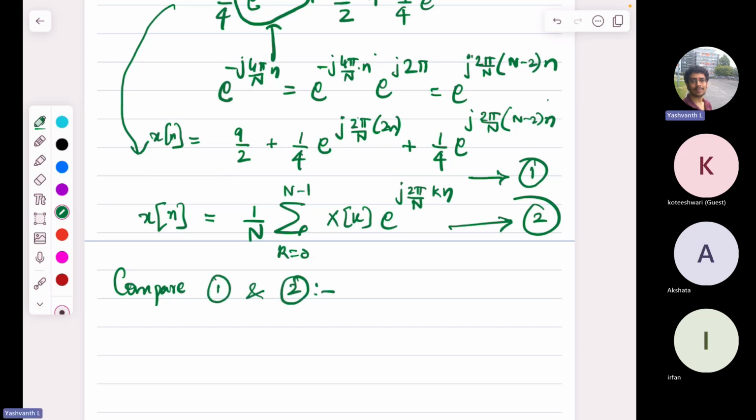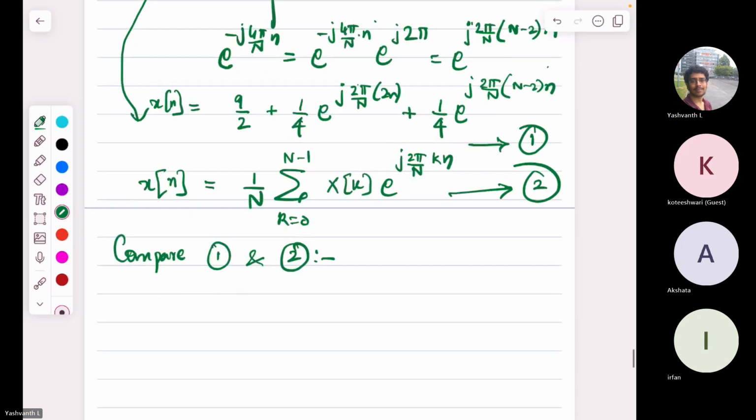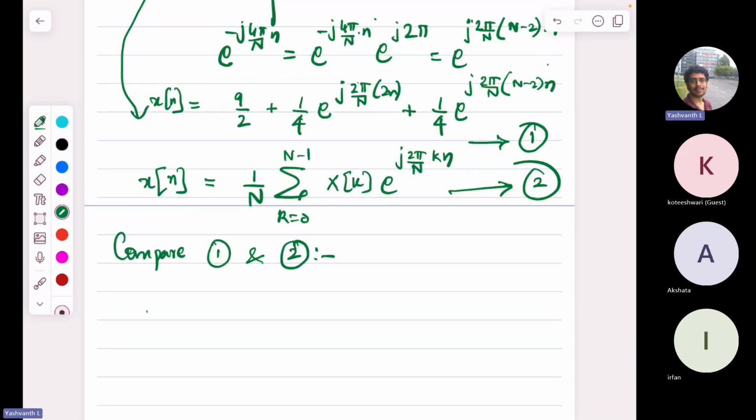If you compare 1 and 2, what do we have? For k equal to 0, x of k into 1 by N should be equal to 9 by 2, which implies x of k equal to 9 by 2N. I'm just comparing term by term.